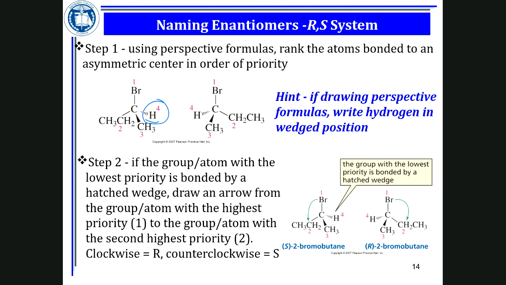To show the group going away from you, you use dashed wedges, and the solid wedges are coming toward you. In the perspective molecule, the two plain lines show bonds that are in the same plane. This is going away from you, and this is coming toward you. Same thing for the others.